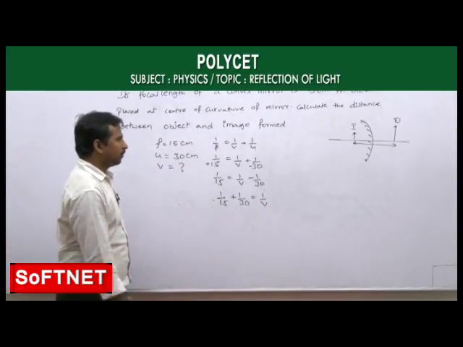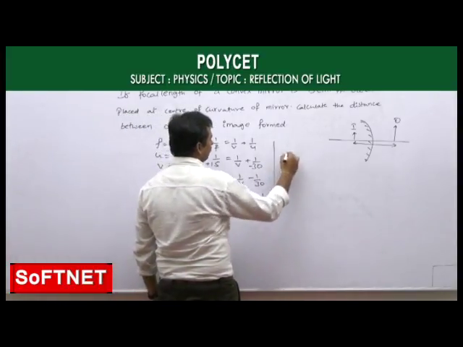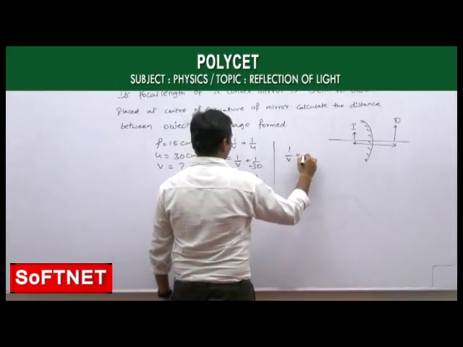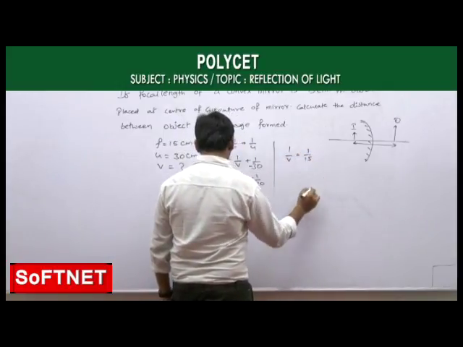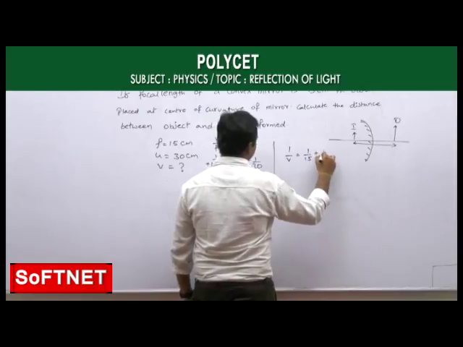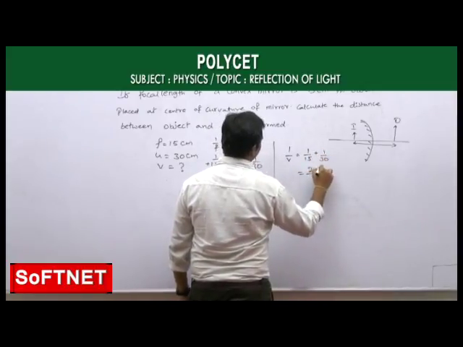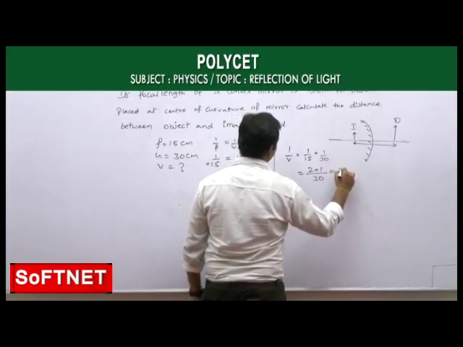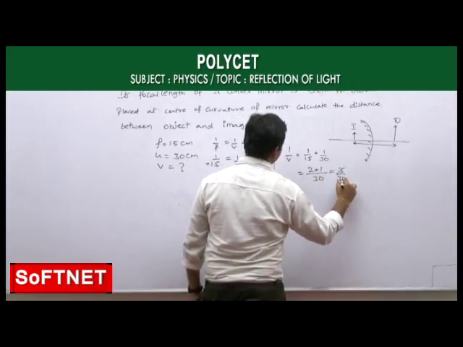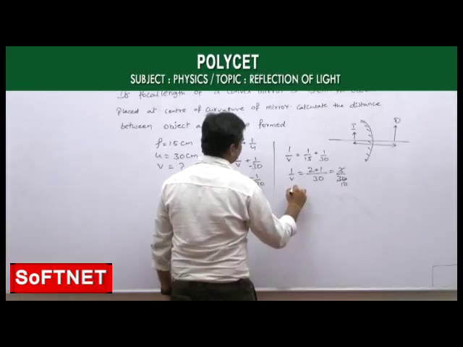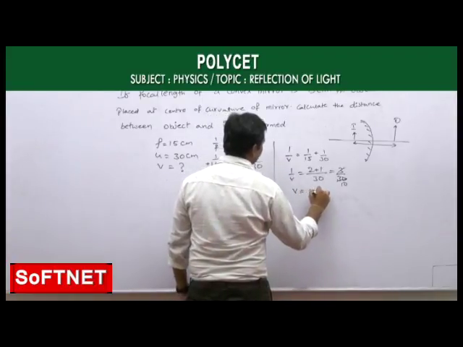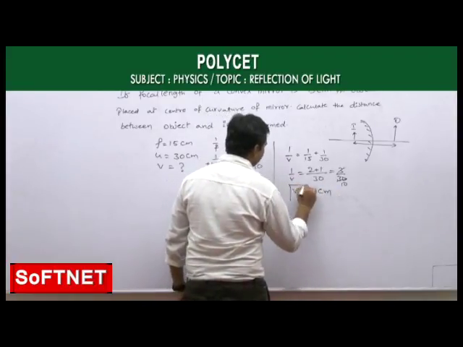Then finally we got 1 by v is equal to 1 by 15 plus 1 by 30. Taking LCM 30, this is 2 plus 1, which is 3 by 30. Then finally we got the image distance as positive, and that is 10 centimeters.